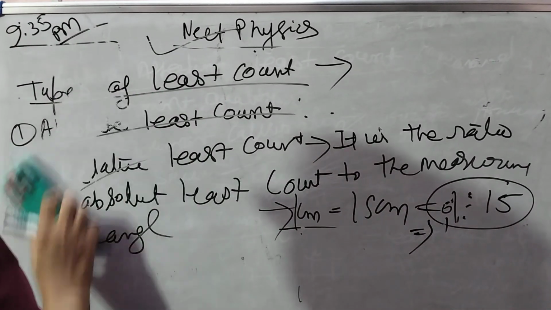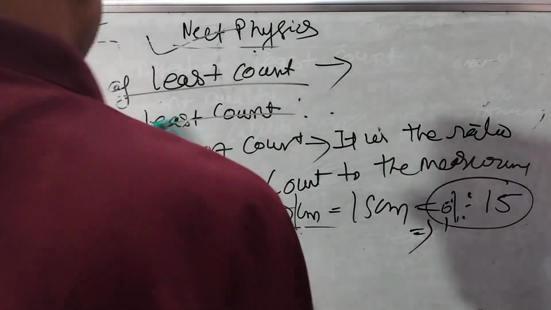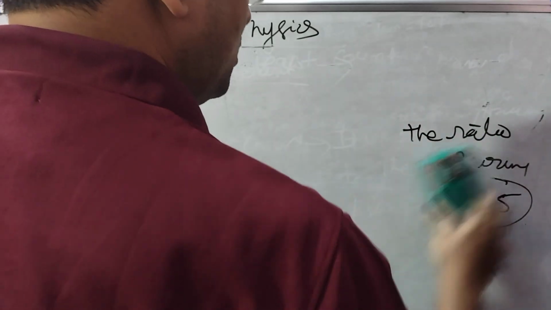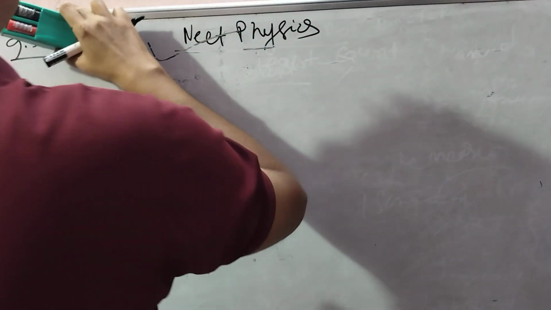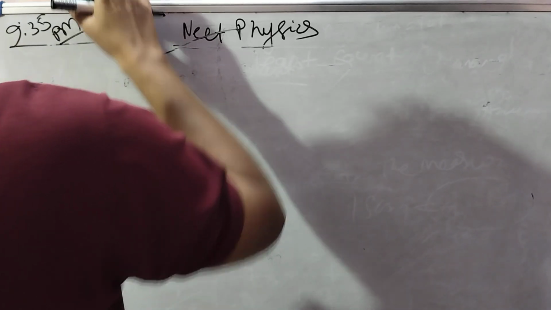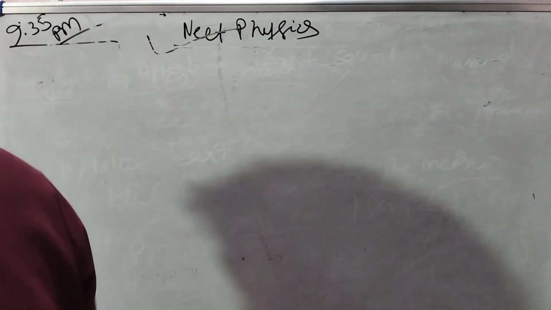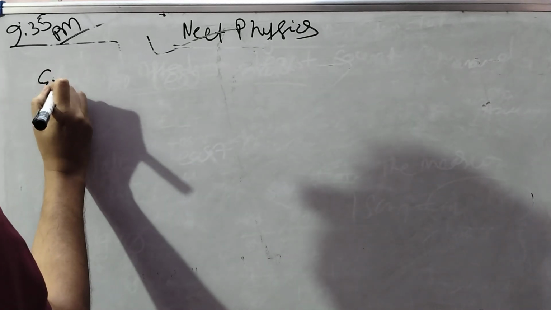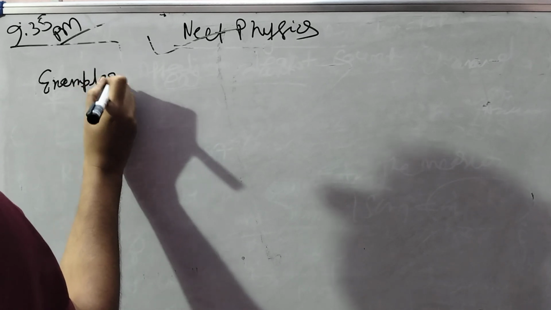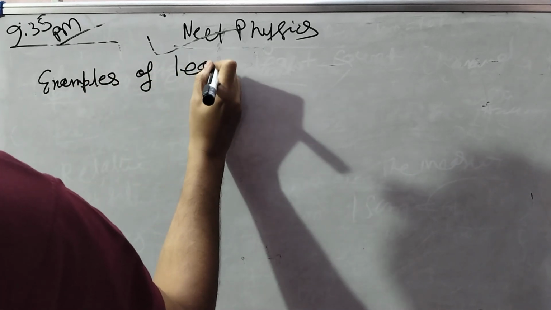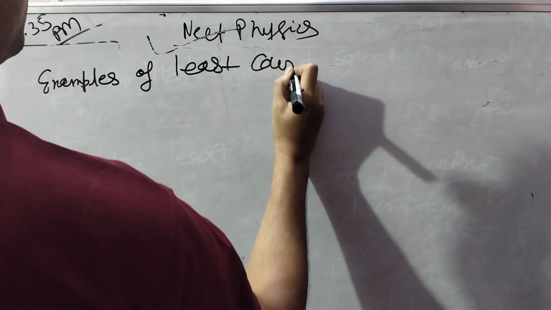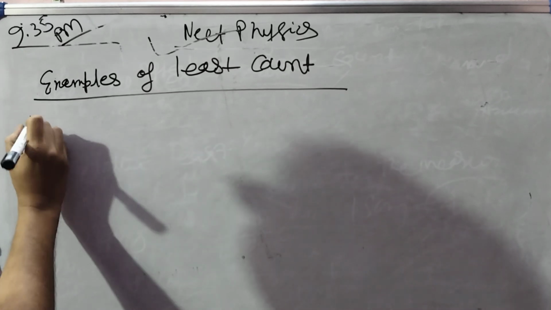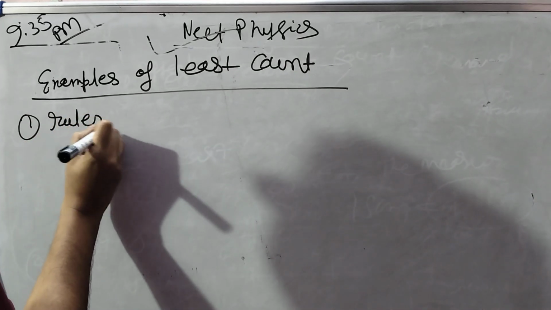Then examples of least count. We will see different examples of measuring instruments. Examples of least count. One is the ruler, the measuring scale.